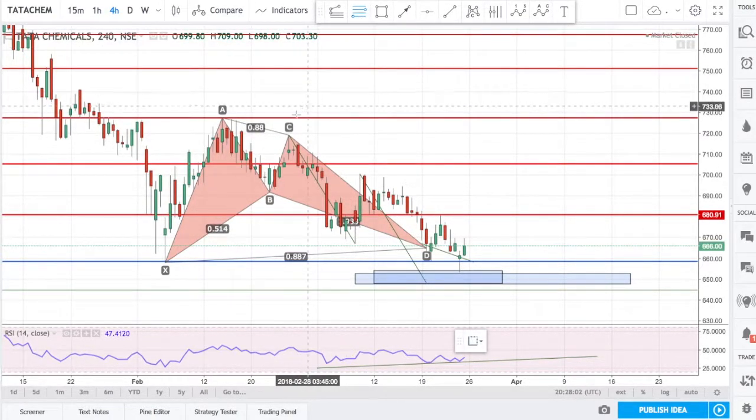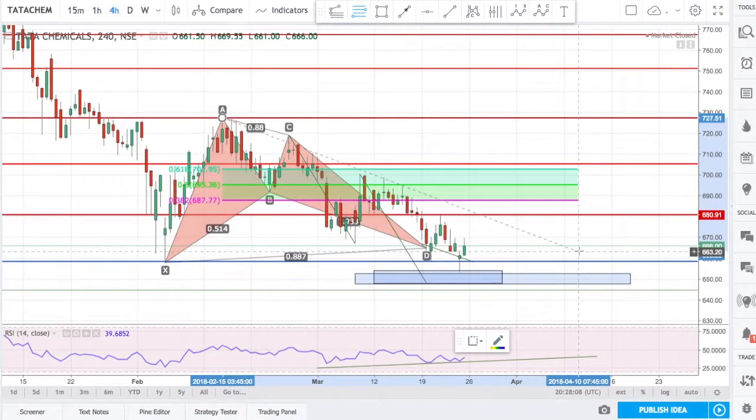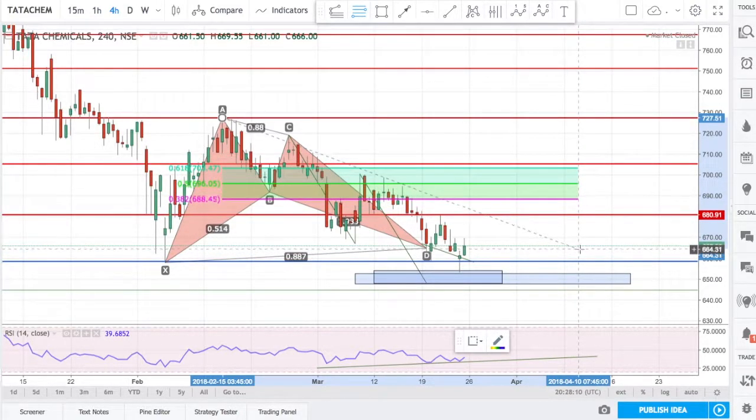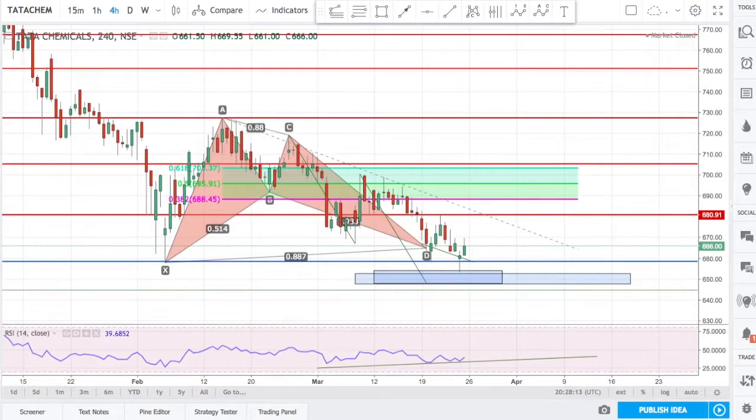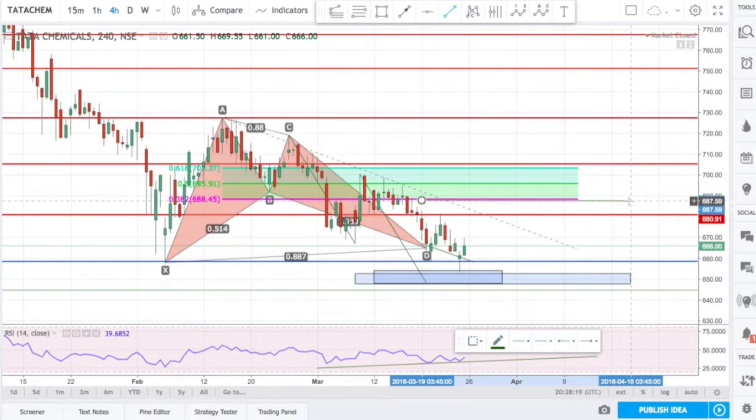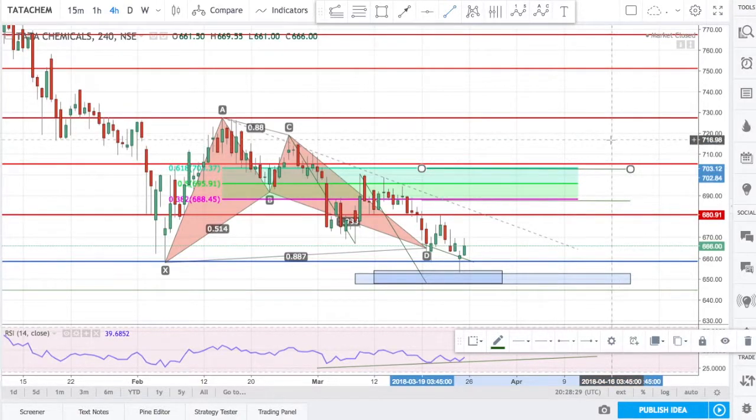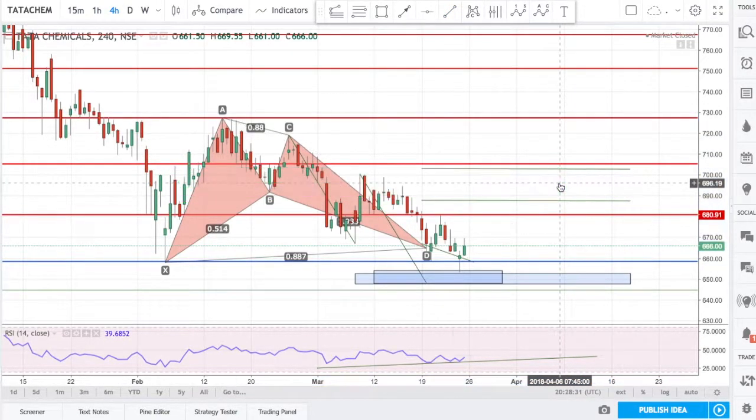We can spot those levels by using the Fibonacci retracement tool. This is the Fibonacci retracement tool, and this is our 38.2 level, which will be our first target, and the 61.8 level, which would be our second target.